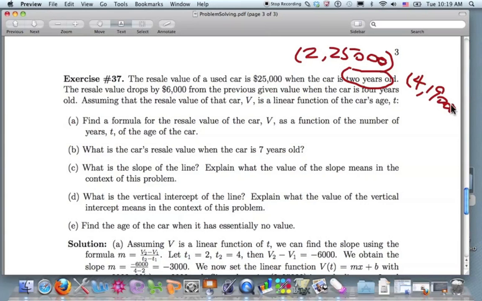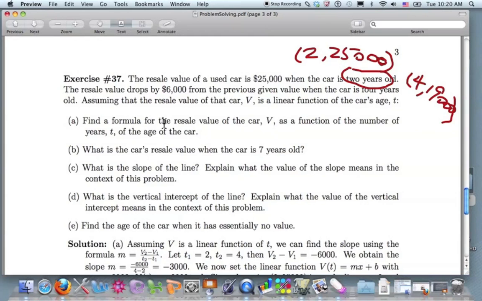This is one way to find the information, by forming 2 points. Of course, we can use the 6,000 directly. That works in the solution, but most of the time I recommend that we find the 2 points, then we work from there.